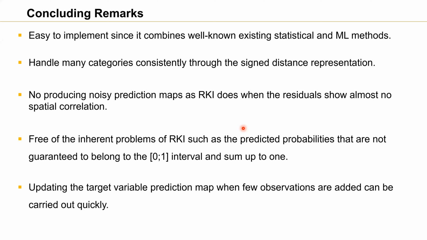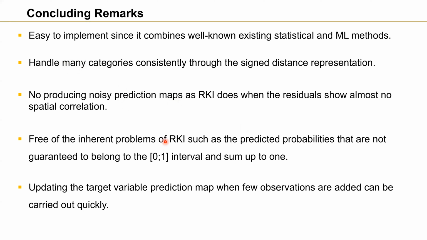This method has the advantage of easily handling a large number of categories through the use of the signed distance representation, because as you can notice here, you can perform everything in parallel given the number of categories. It also has the advantage of not producing a noisy map like the regression kriging of indicator, which is very important.